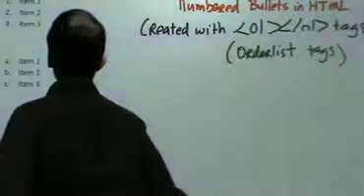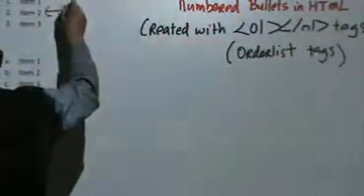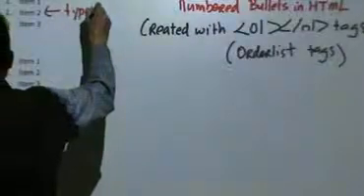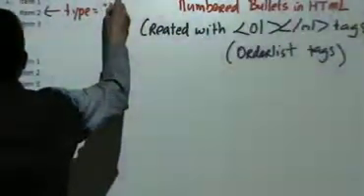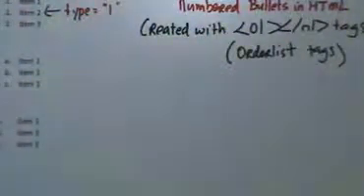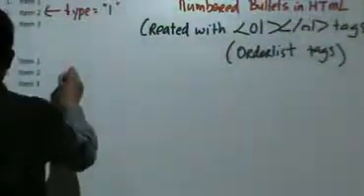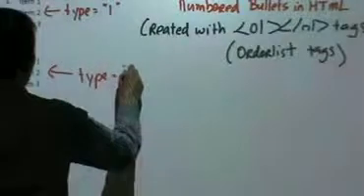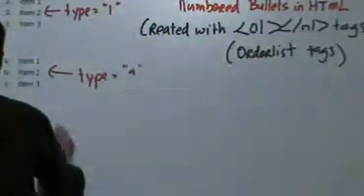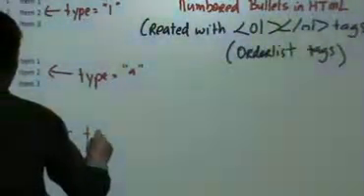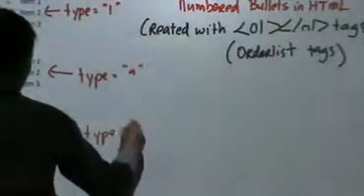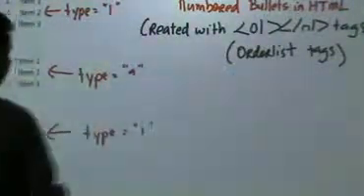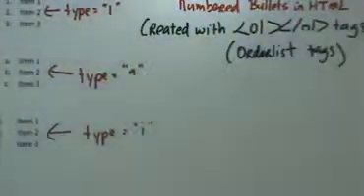Just this one here is type is equal to 1. That creates that. This one is type is equal to A, and this one is type is equal to I, as in the Roman numeral I.